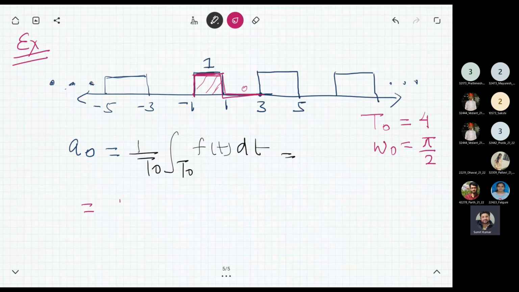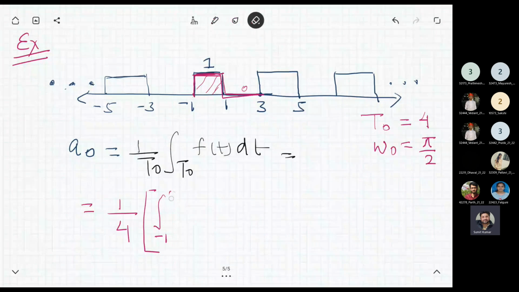So we came to know that this is 1 by 4, T naught is 4, and we have to integrate over a period of T naught. So let's say that I have decided from -1 to 3. In -1 to 3 the signal has two pieces, right? The functional form of one piece is different from the other. So I will break that. So -1 to 1 will be the first part.